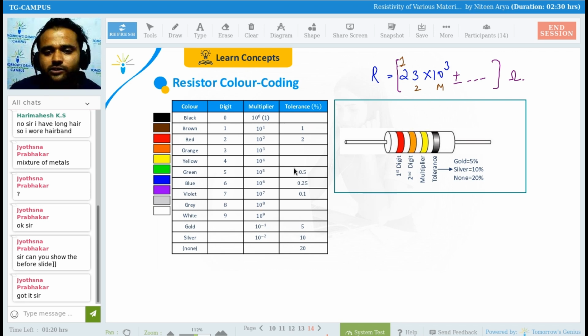Tolerance for brown is 1, red is 2, and so on, but in general you just need to write these down, and you don't need to worry about this much.